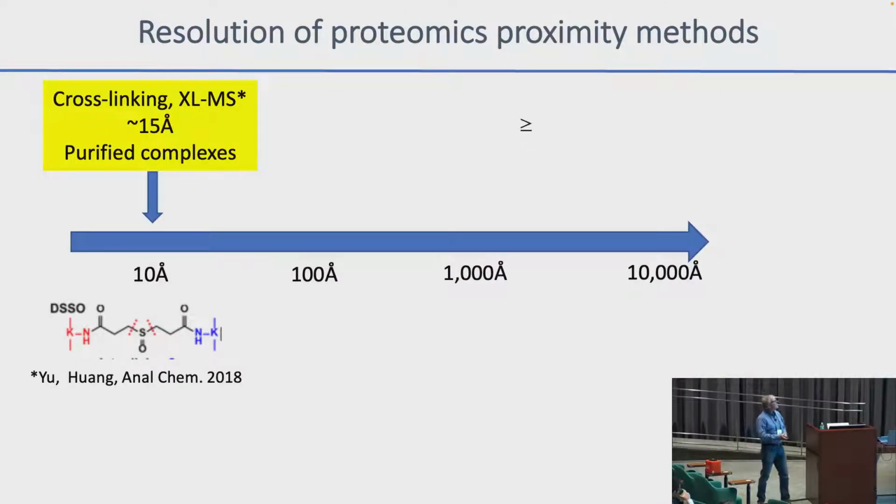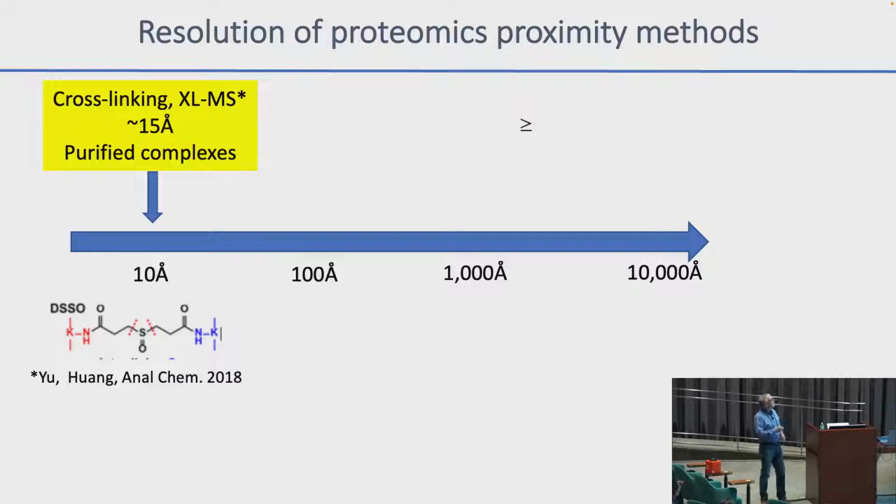So what proximity methods are available? There's chemical cross-linking, which has been popularized by the Huang and Burlingame labs. This uses these amine reactive cross-linkers that have a dimension of about 12 angstroms or so between lysines. So if you add these cross-linkers, in order to get a signal, you have to have adventitiously 2 lysines within that distance of each other. So it's very high resolution.